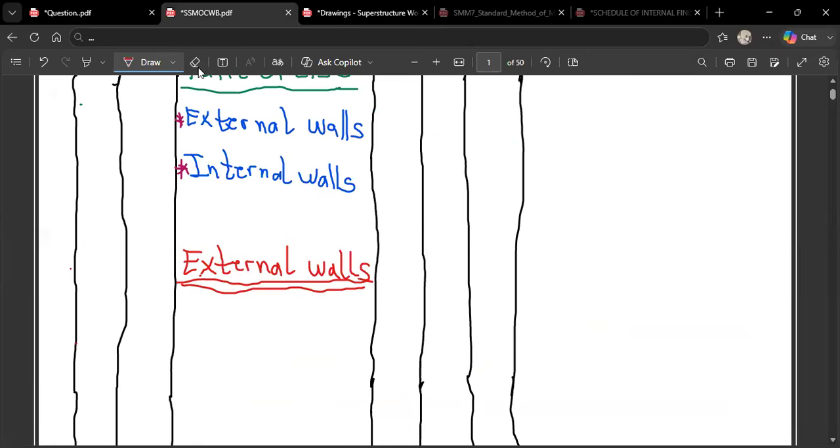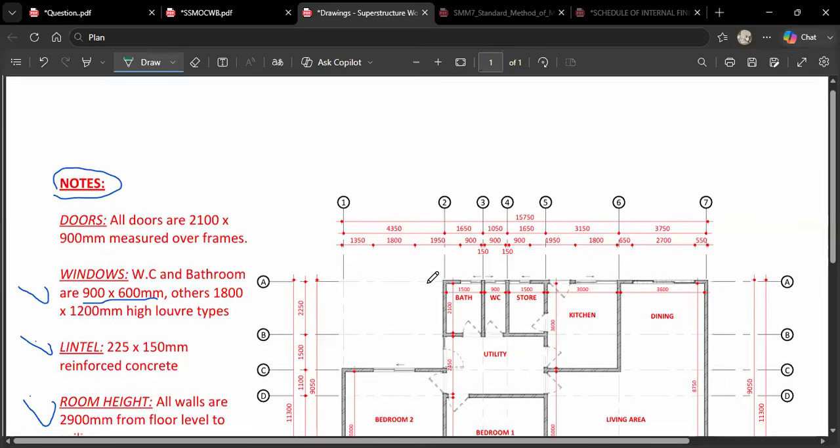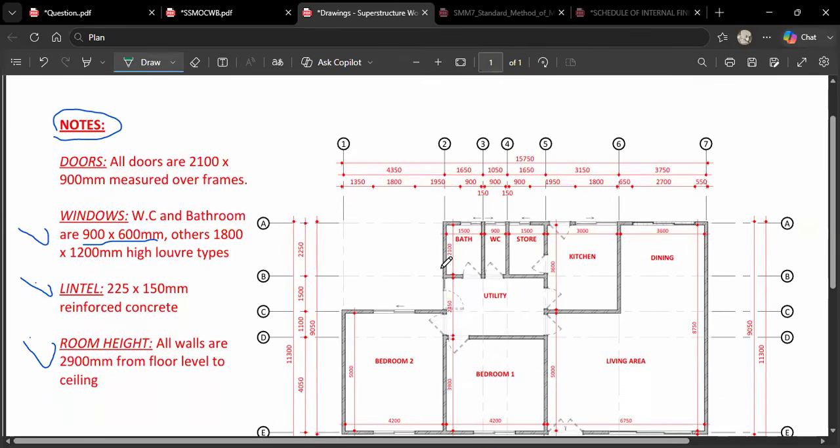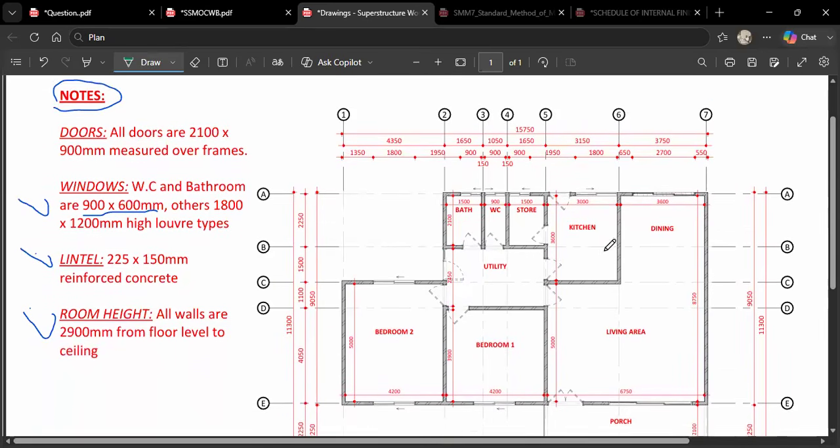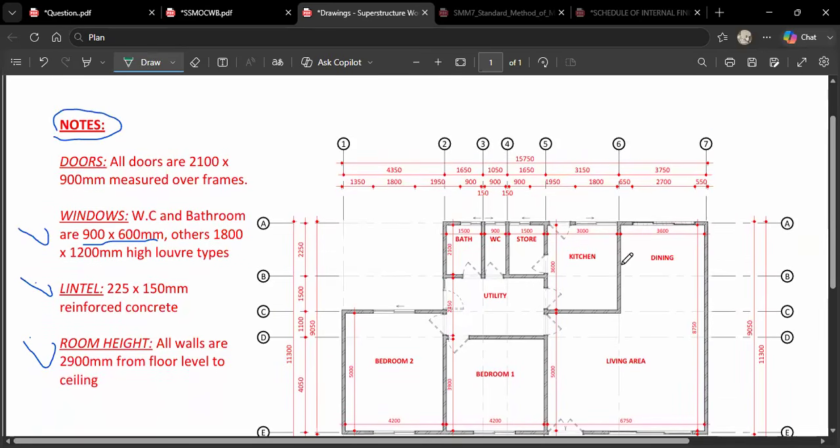So first of all, let's look for the length of the whole. To get that total length, take a look at something. From this place to this place, the total length is 15,750.